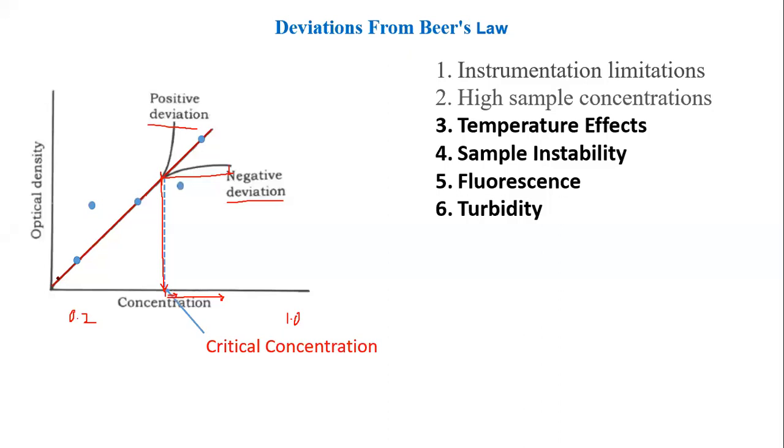Is it necessary that you should get maximum points on the line? Do you consider that a standard operating practice or a good operating practice? Or you can consider even a single point, but there should be a criterion that should be followed. What do you think? Which is a good way of preparing a standard curve?